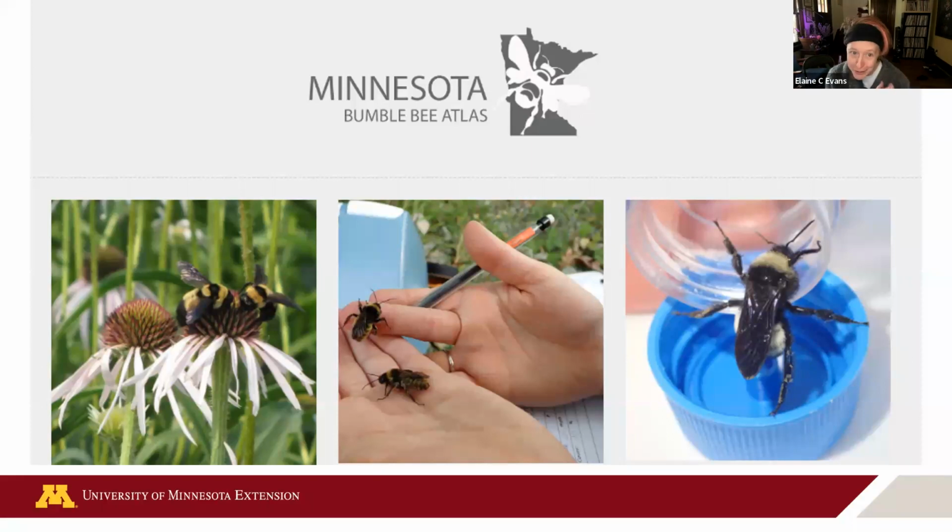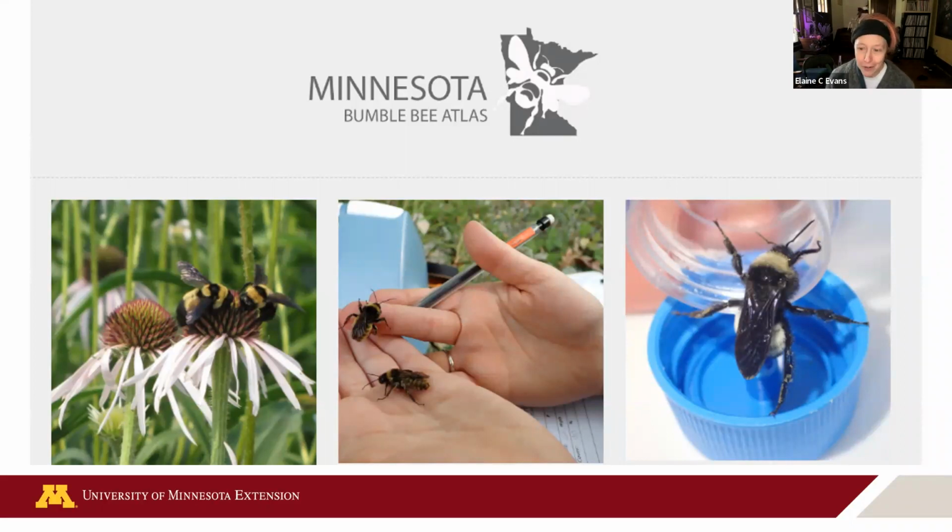I'm talking about here the Minnesota Bumblebee Atlas, but this year we're actually becoming part of a Midwest Bumblebee Atlas. I'm seeing in the chat, there's people from other states. This Midwest Atlas is also going to be happening in Iowa, Nebraska, and Missouri this year. There are similar Atlas programs in North and South Dakota, in the Southeast, in the Pacific Northwest.